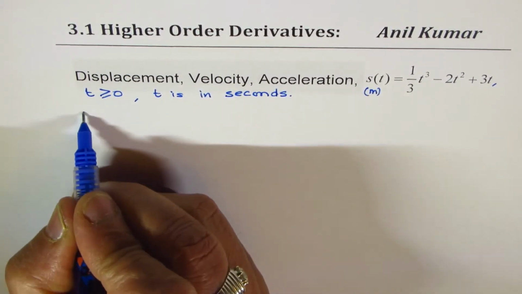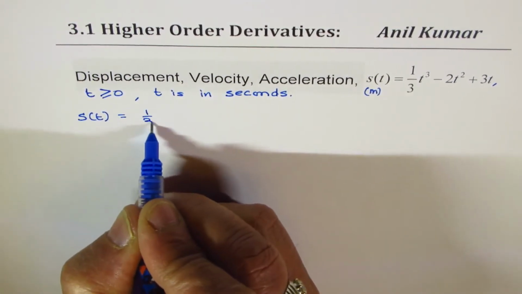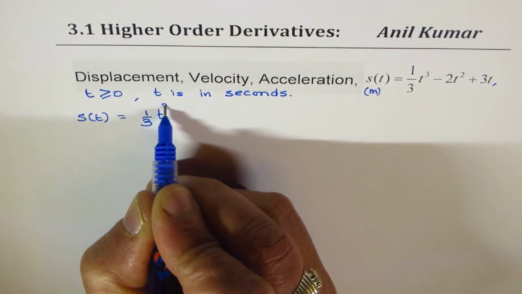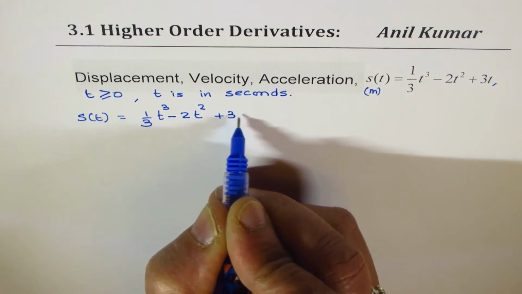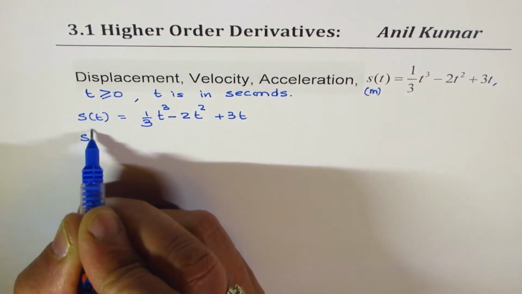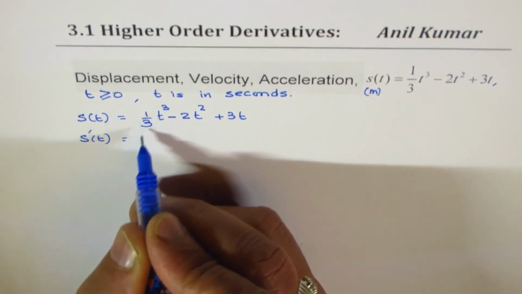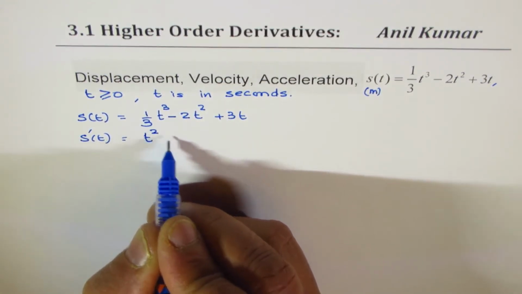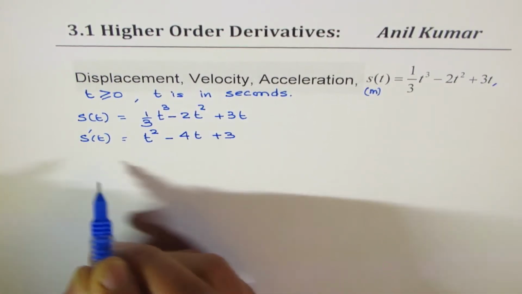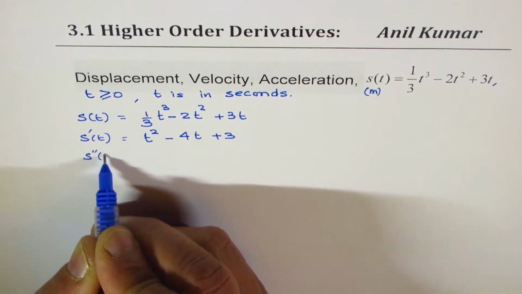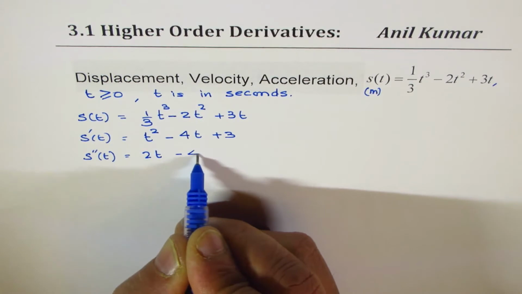So the given function to us is displacement s of t equals 1/3 t cubed minus 2t squared plus 3t. The derivative of this function is going to be 3 times 3t squared over 3, the 3s cancel, so we get t squared minus 4t plus 3, and the second derivative of displacement will be 2t minus 4.